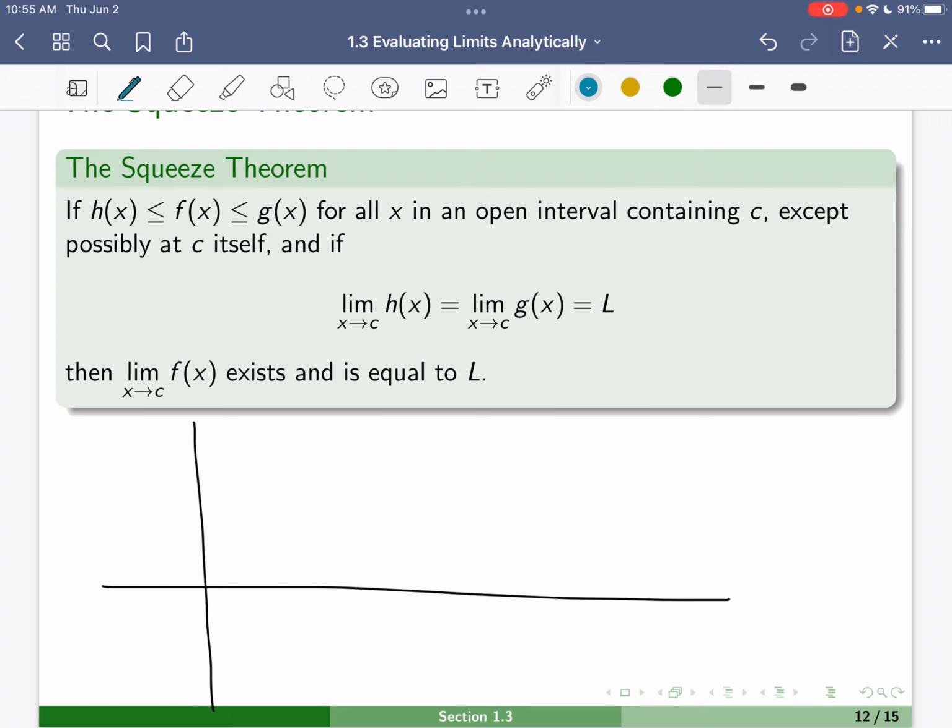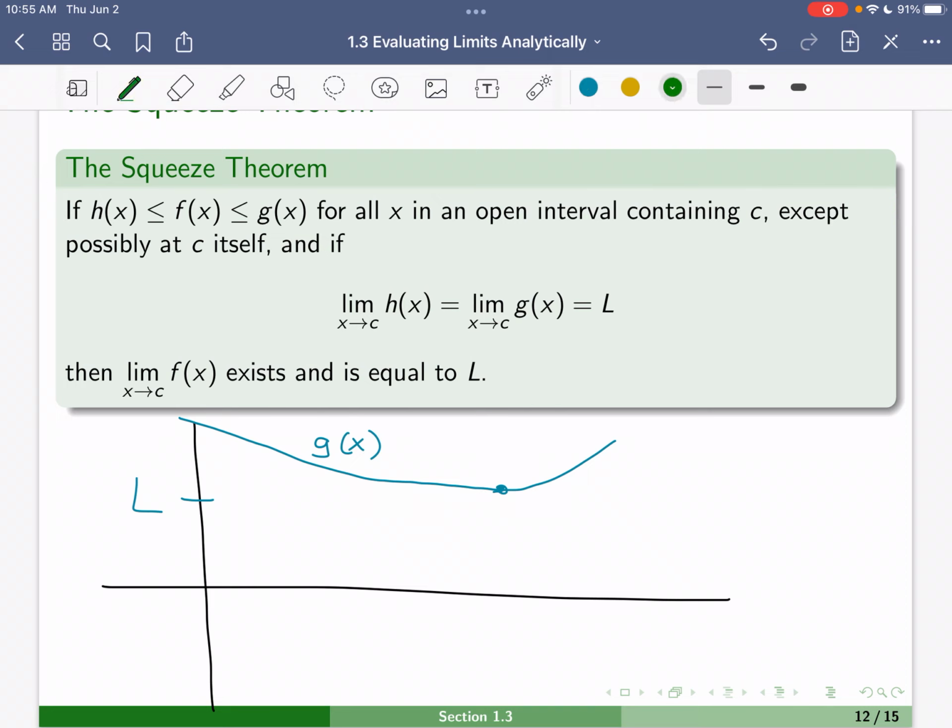So maybe you have some function here, g of x, and as we get closer to c, maybe g of x is approaching L. So maybe this is our function g of x.